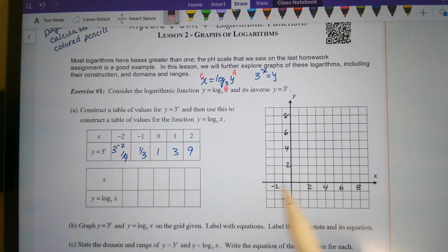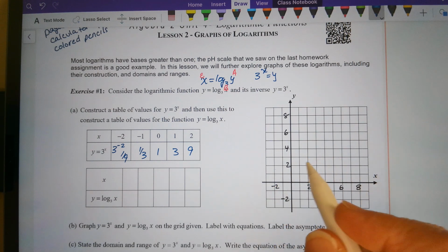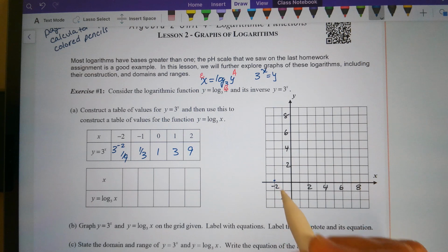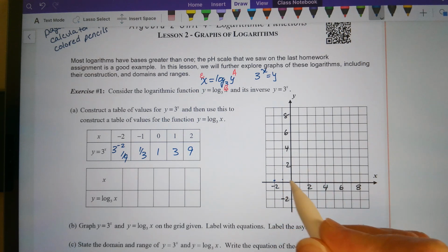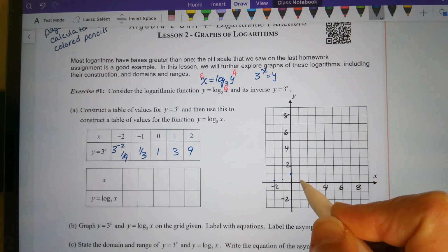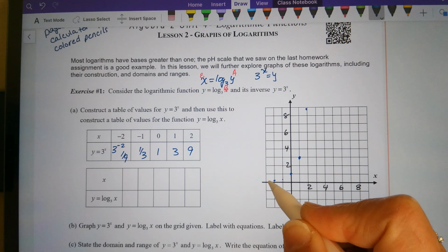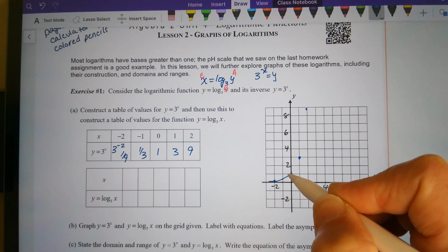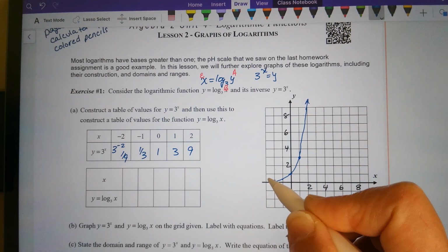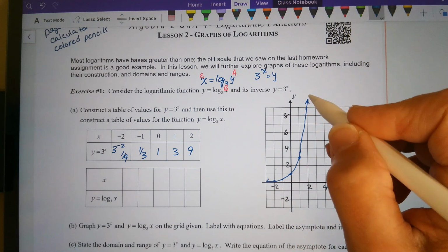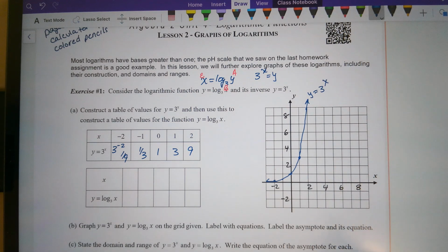Let's try negative 2, 1/9. Negative 1, 1/3. So here's our increasing exponential function, y equals 3 to the x.